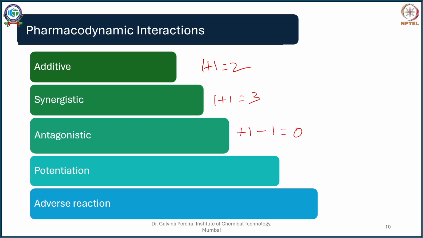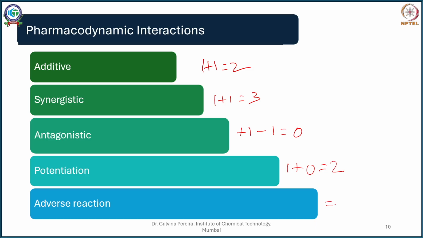So the net effect can be nullified, or the net effect can be on either side depending upon which is the stronger candidate. Potentiation, when the other interacting herb has no effect as such, but overall it enhances the effect of the drug. And the last case is adverse reaction.